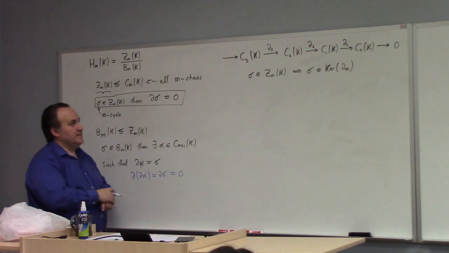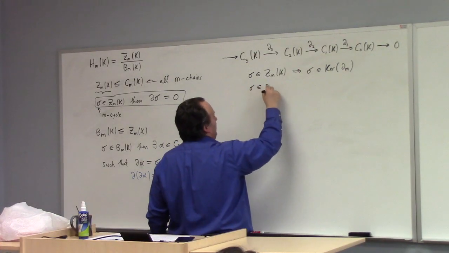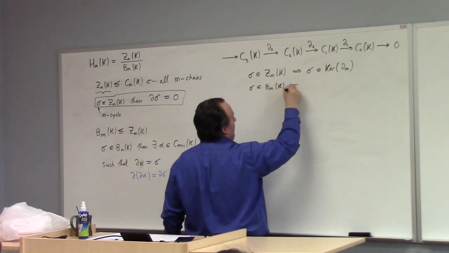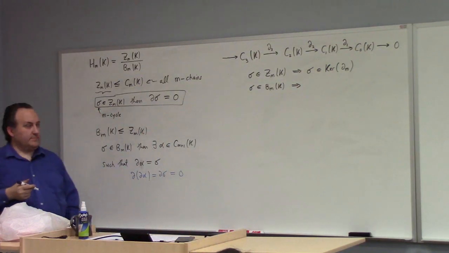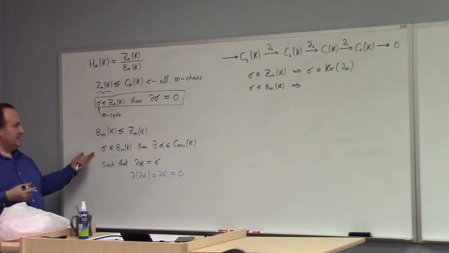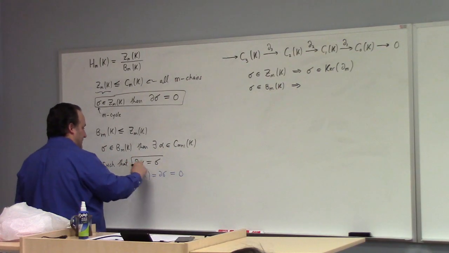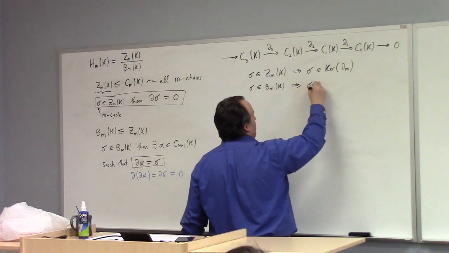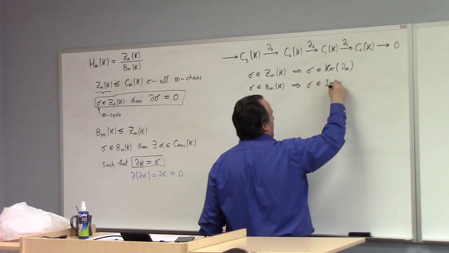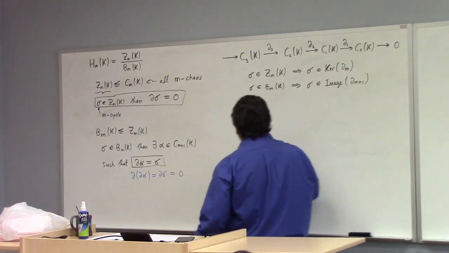On the other hand, sigma an element of B_M(K) means what? Sigma is in the image of what? Boundary M plus 1. Right.